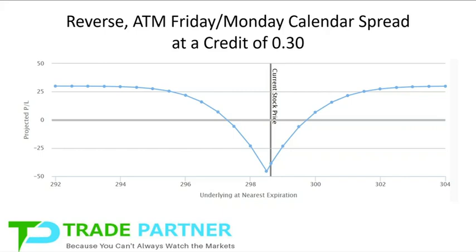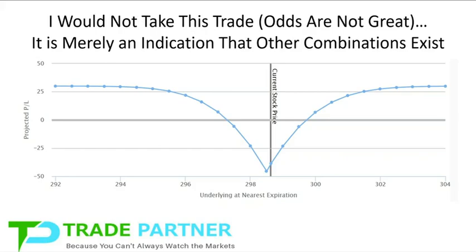The closer you are, the lower the probability the market will make the move. So this is not a trade that I would absolutely take because the odds are not great. They are slightly favorable if you can get the 30-cent or better credit. But again, it's merely an indication that other combinations exist.